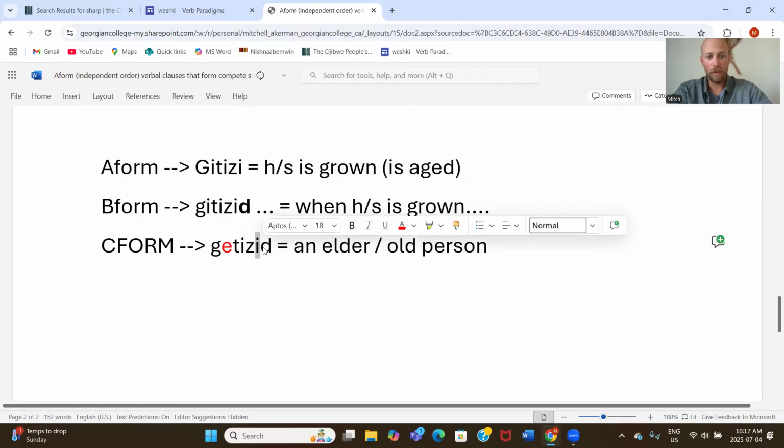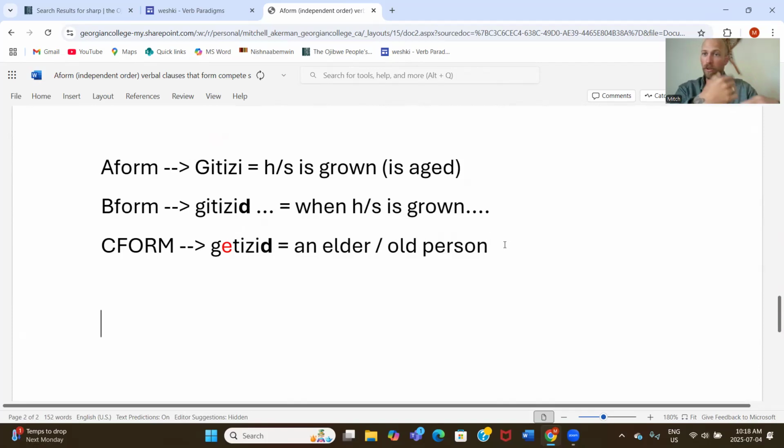So that is how you create a lot of the common nouns that we use all the time in Ojibwe. They aren't actually nouns. They are verbs that are being used as participles in C form. Like the noun an elder is getzid, which is actually a verb in C form. Very normal thing to do in the language.